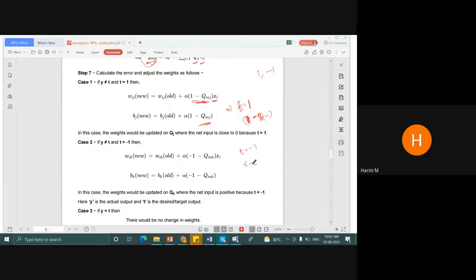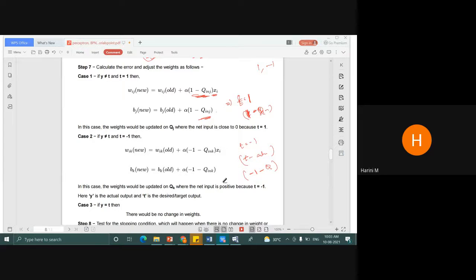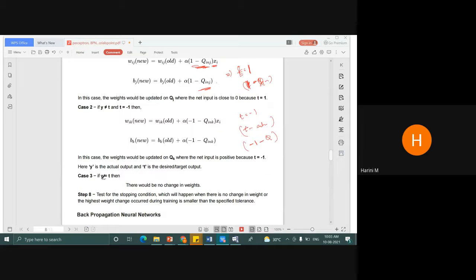It's t minus actual value, so instead of t, I substitute minus 1, minus this actual value, which is Q. Substitute it and you get the updated weight. If y equals t, then there should be no change in your weights. So this is how the backpropagation works.